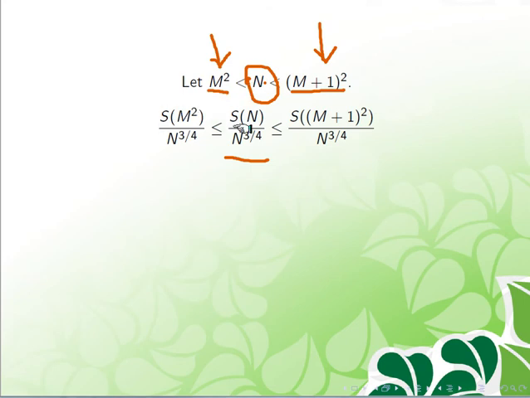Obviously, the numerator S is less than, and I didn't change the denominator. So this inequality is justified. n is less than (m+1) squared. If you change the right bound, of course, there are more squarish numbers. Again, the denominator did not change. So we have this inequality for the quantity in the middle.